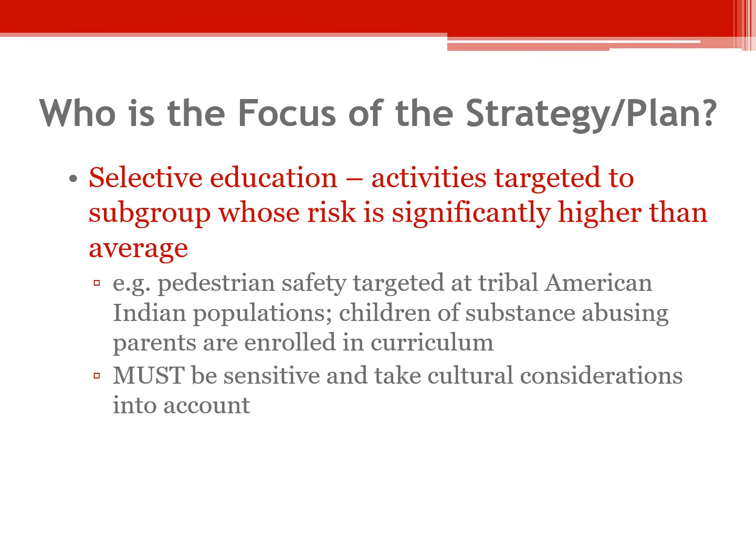And we know there are some injury events for which certain subgroups have a significantly higher risk than the population as a whole. Some examples of selective education would be, we know that tribal American Indian populations have incredibly high rates of being injured or killed as pedestrians by motor vehicles.